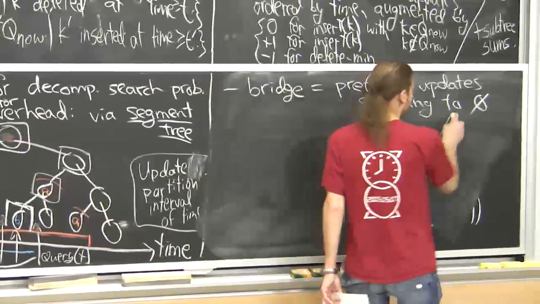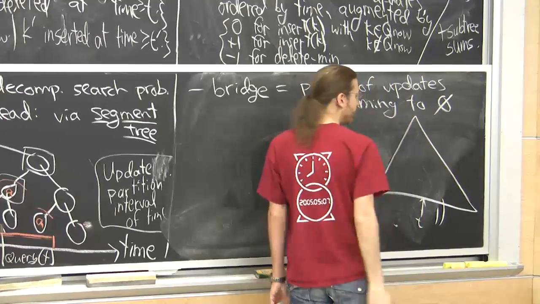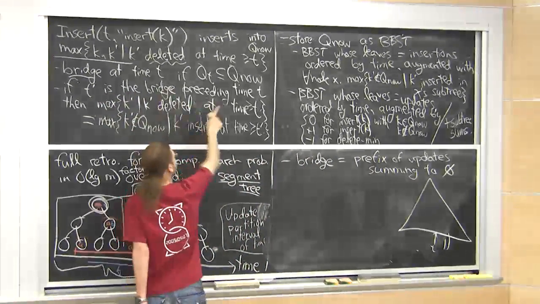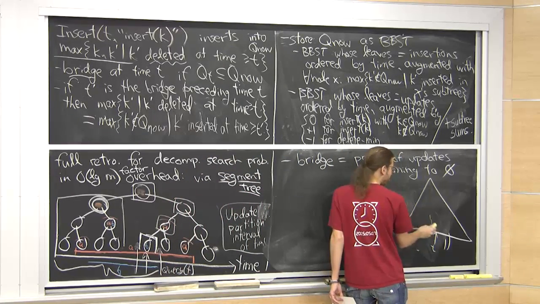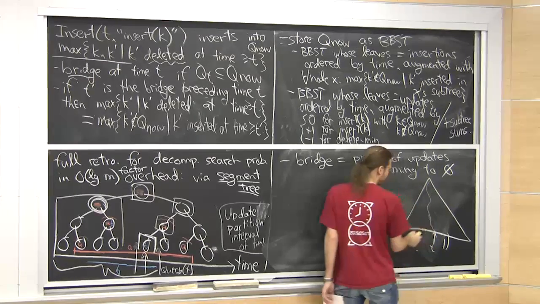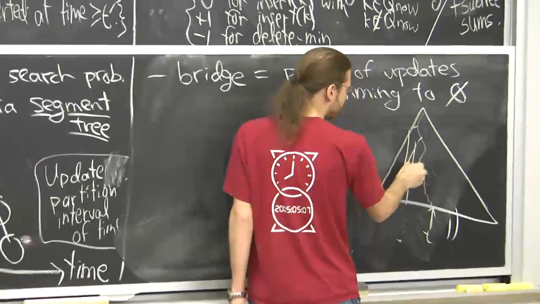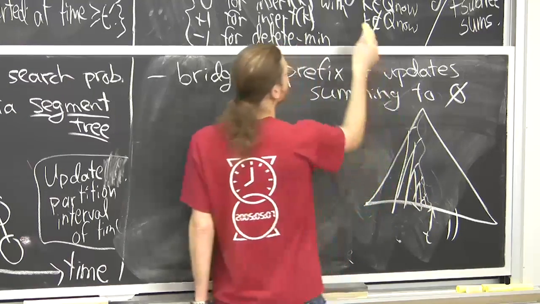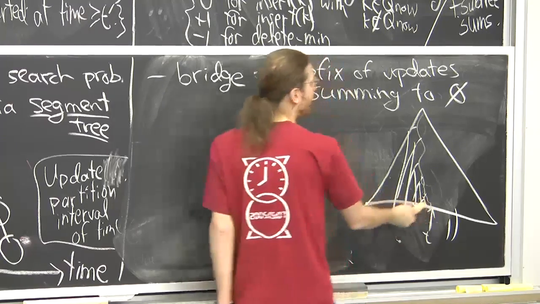What this lets you do is, if you have this binary search tree and some query time t, which corresponds to a leaf, I want to know t prime, the bridge preceding time t. Basically I walk up this tree and find the preceding moment. I actually have to first walk down to compute all the sums. Hanging off on the left of this path are all these times in the past. If the sum of all of those subtree sums, the sum of all the values in those leaves, is 0, then we're already at a bridge.